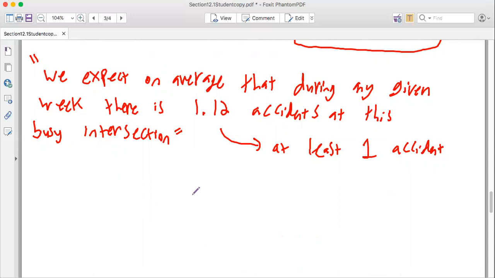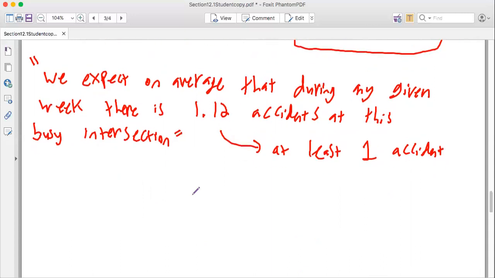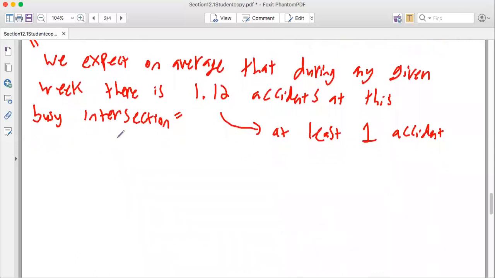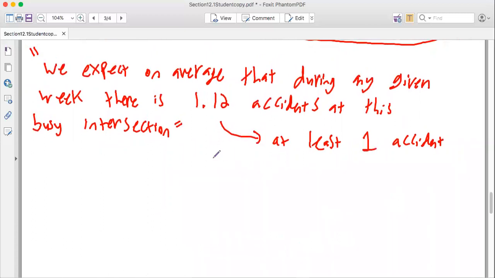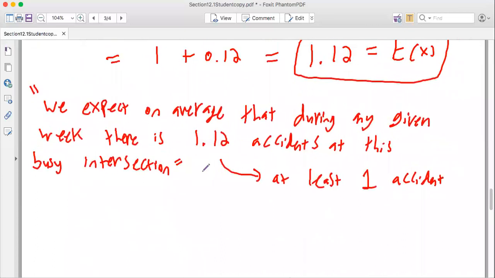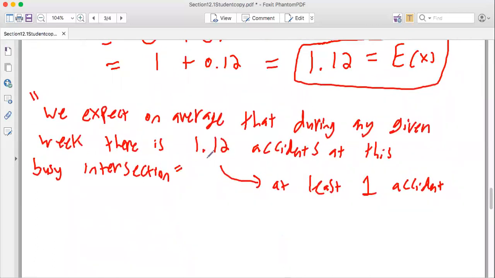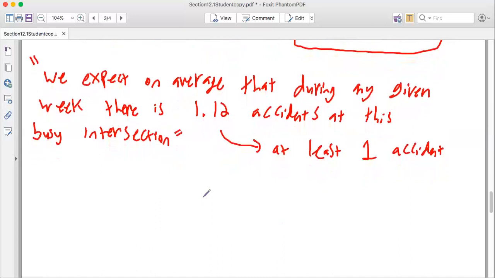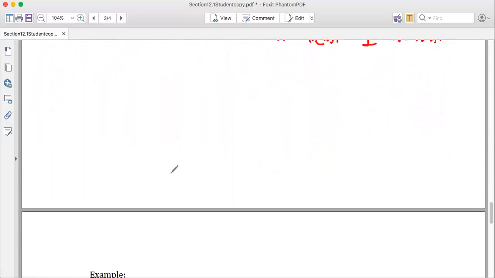So this is kind of, I wouldn't stand for this if this is my intersection. I'd say, hey, if it's a busy intersection and we're seeing this many accidents, we gotta crack down on something. Am I right? But that's how we would then interpret this as the idea. Expected value is 1.12. That means at random, at any given week, we expect there to be at least one accident happening. So until we can actually do something about it and reduce the statistic, I would say stay away from that intersection, you know.